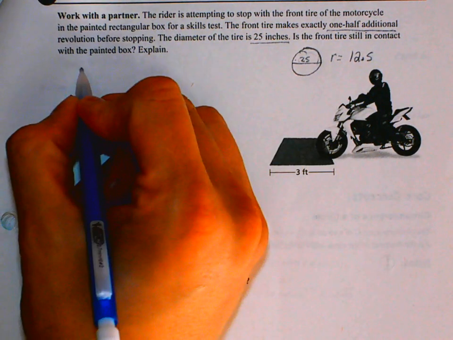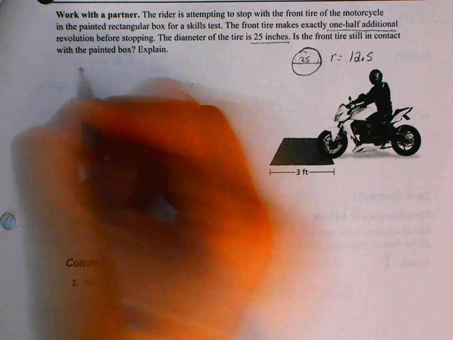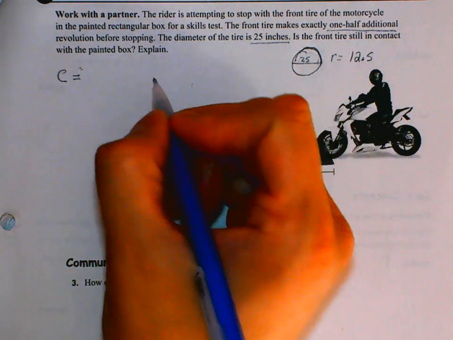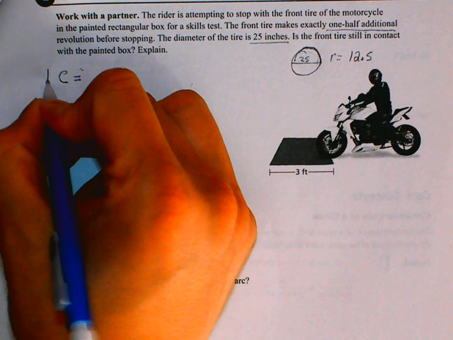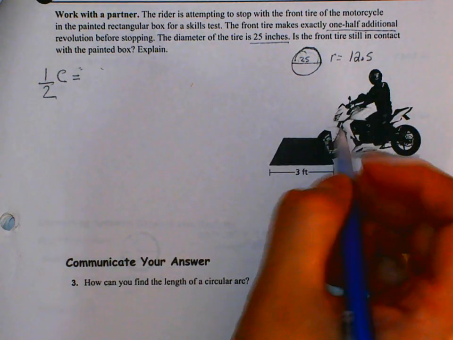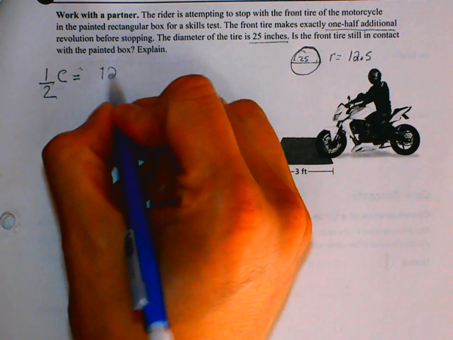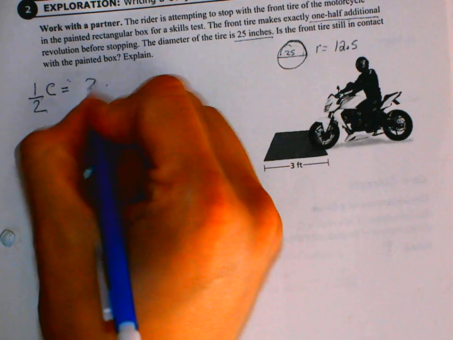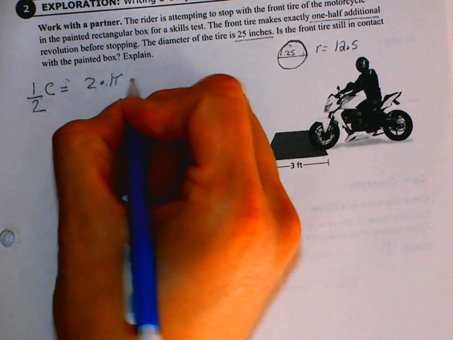So the arc length, or half of the, actually no, let's just say we're looking for the circumference of this. The circumference of this is going to be, or half of the circumference, you would say, half of the circumference is going to equal, actually 2 pi r, my bad, 2 pi times the radius.